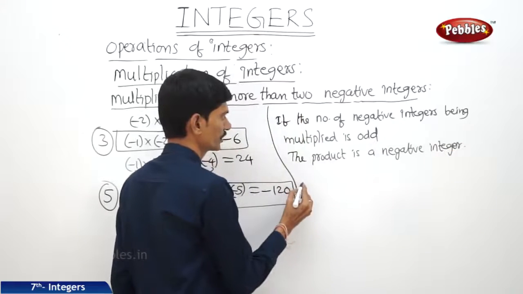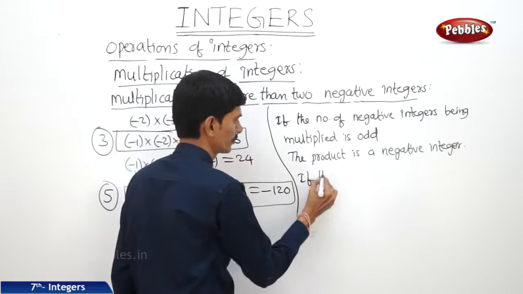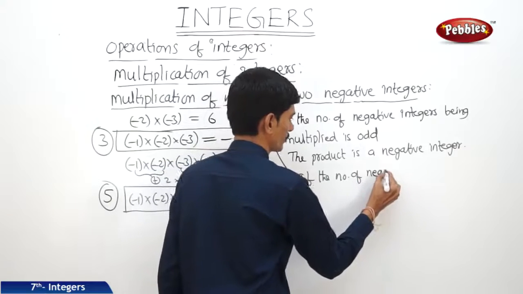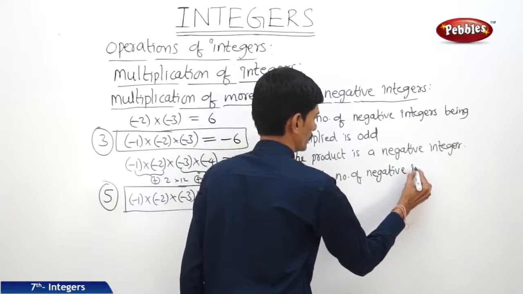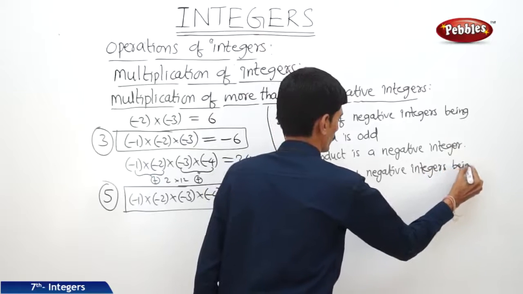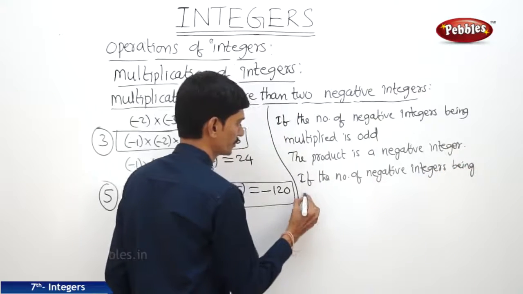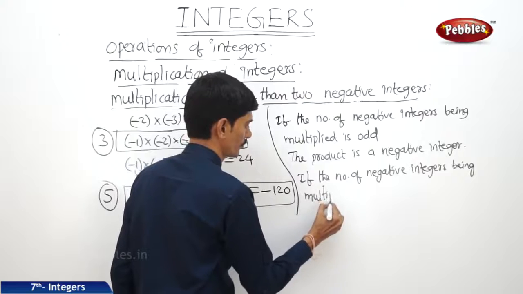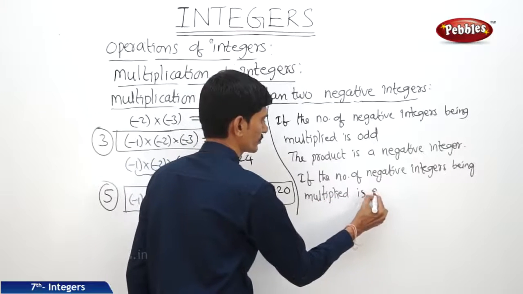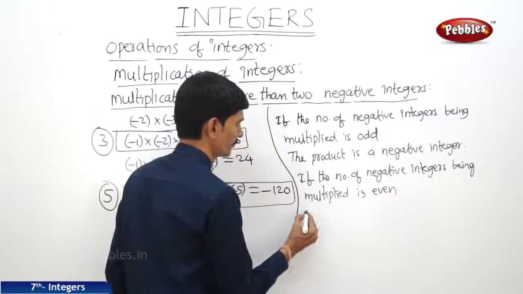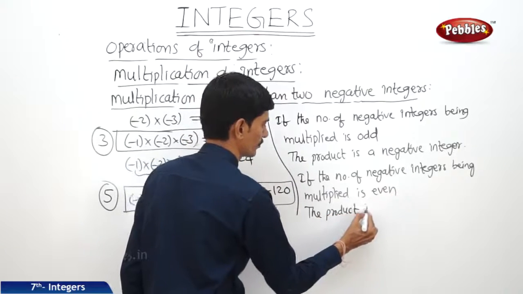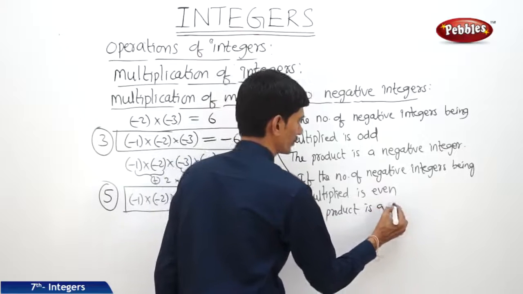If the number of negative integers being multiplied is even, the product is a positive integer.